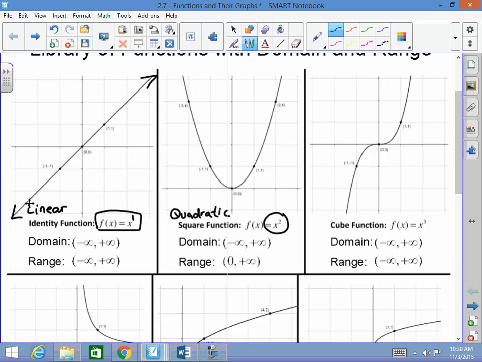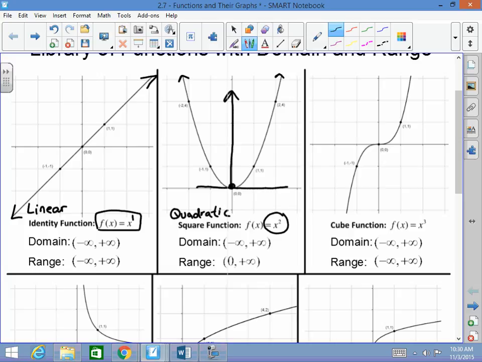The domain of this particular parent function is all real numbers because little by little you're going further to the left, and little by little you're going further to the right. Your range, though, the range of the possible y values, the lowest point is right here at x equals 0. So your range goes from 0 all the way up, from 0 to positive infinity.